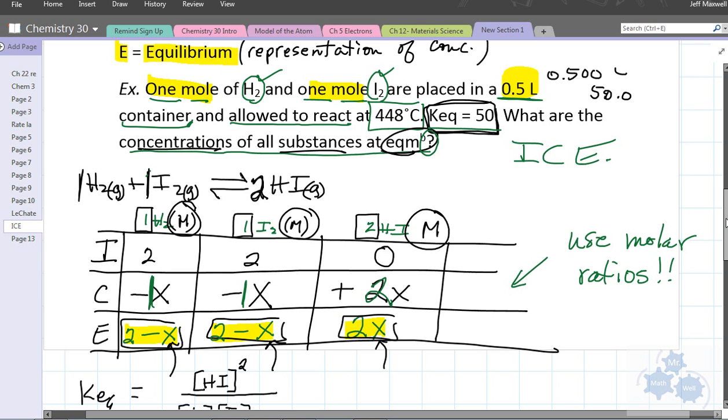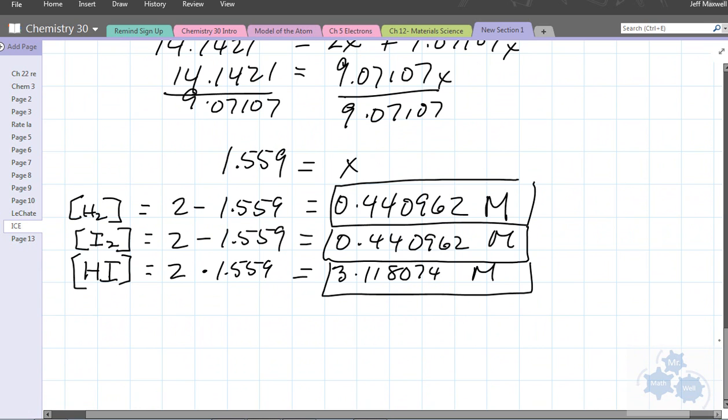So when you use these values, you can use your significant figures. But for now, I'm not going to mark you on significant figures. If you can get these values to at least 3 significant figures, that is generally pretty good. So that's what I'm looking for. Those are your concentrations now at equilibrium. Any questions?